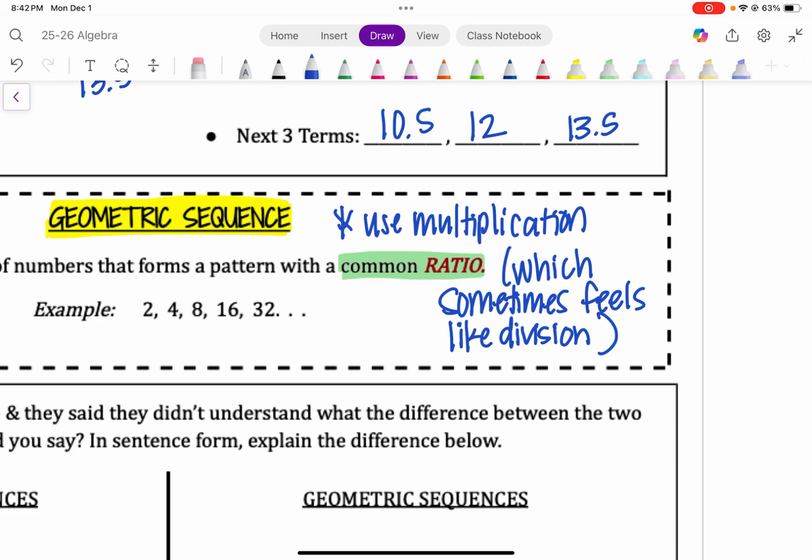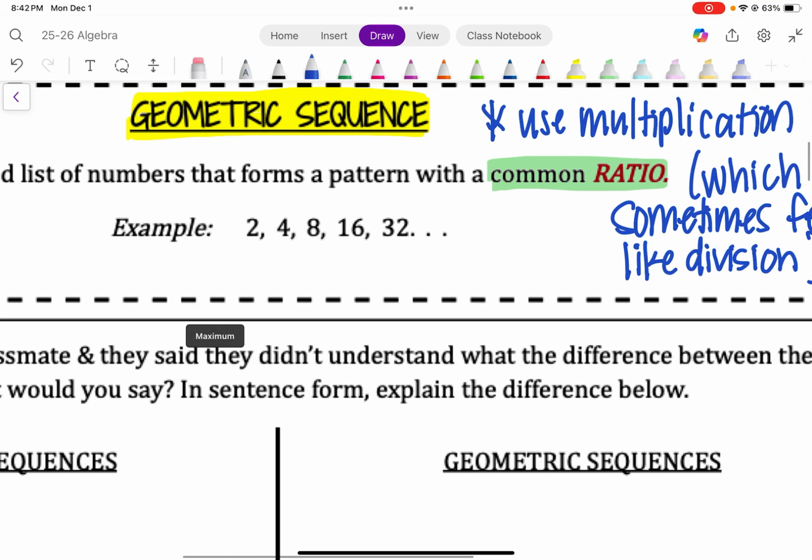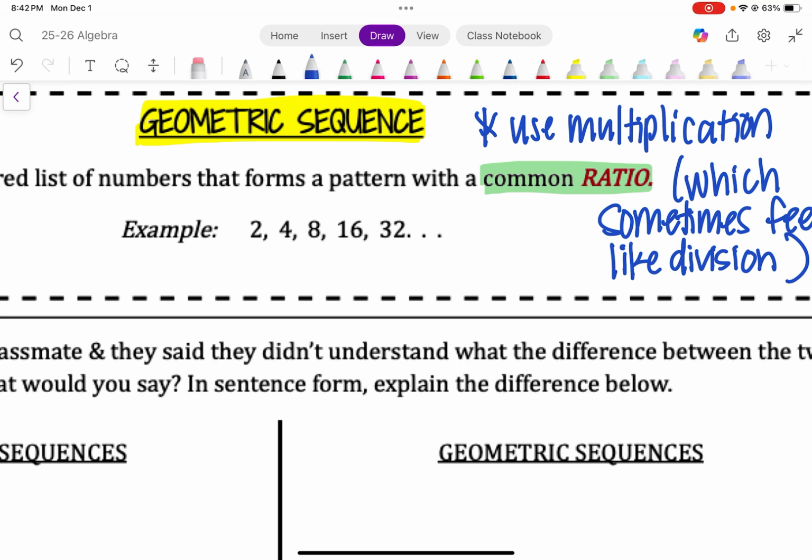Okay, so our first example, we have 2, then 4, then 8, then 16, then 32. So we're going to multiply each previous number times 2 to get the next number.